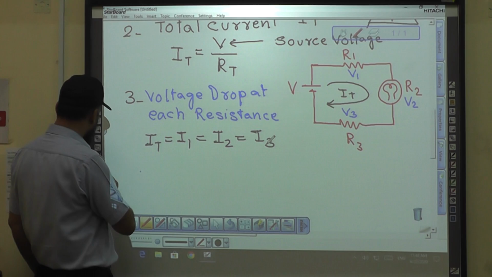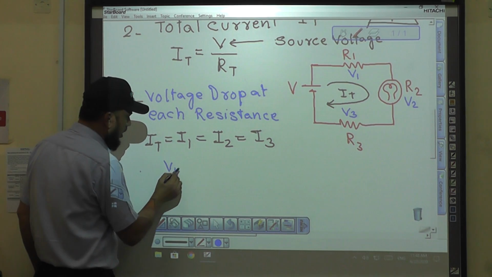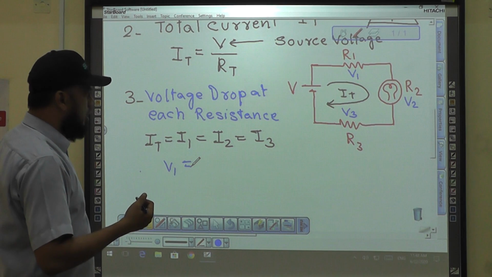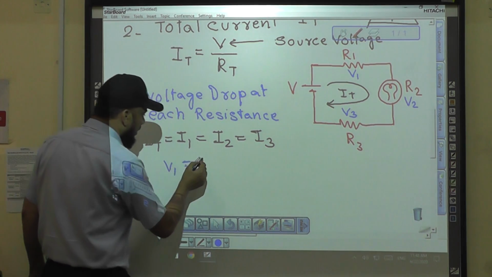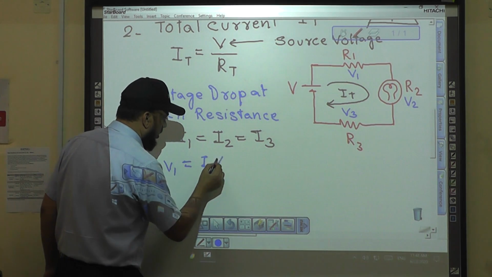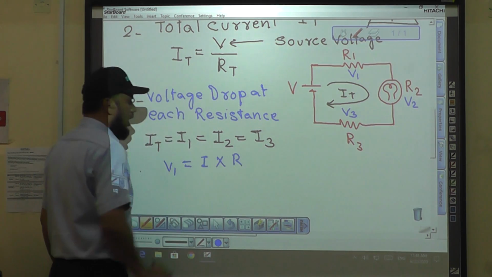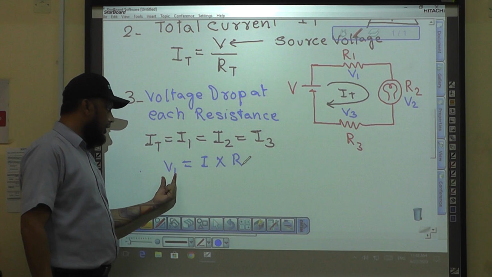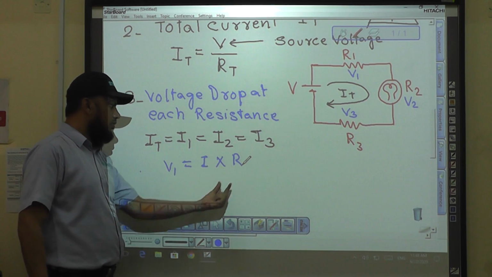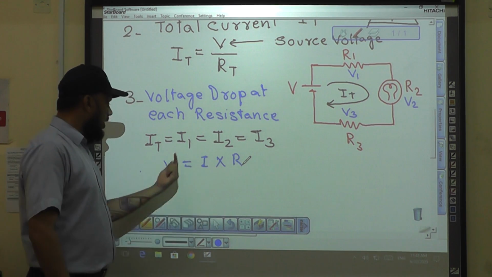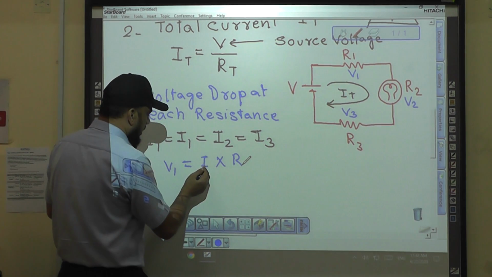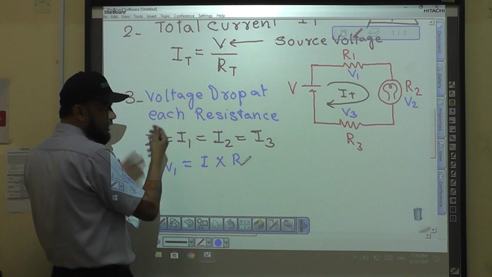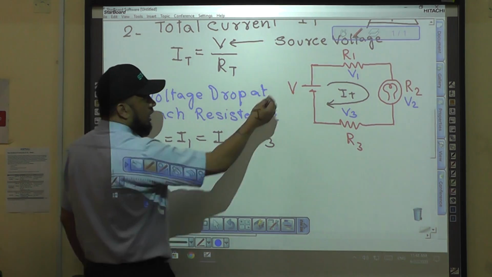First of all, V1. From Ohm's law, V equals I times R. To calculate V1 we need I1 and R1. I1 is the total current, which is the same for all resistances.